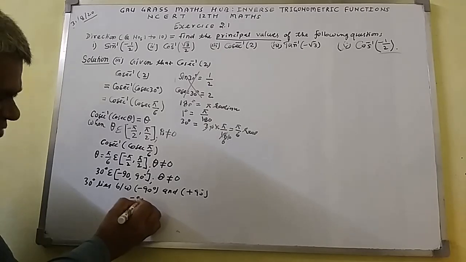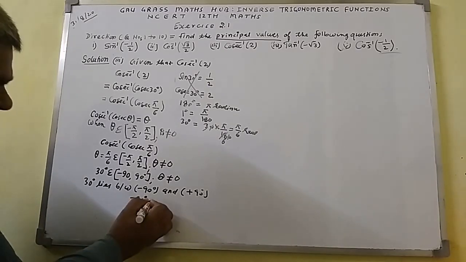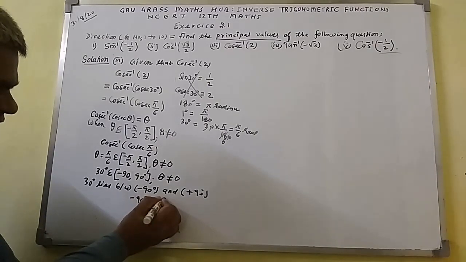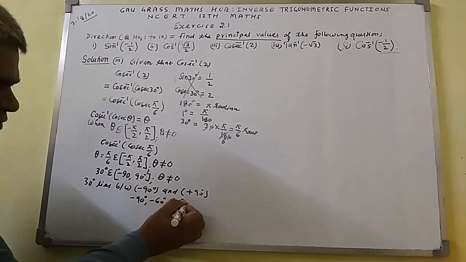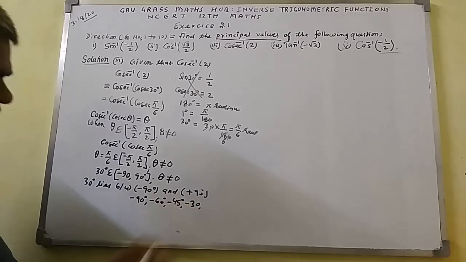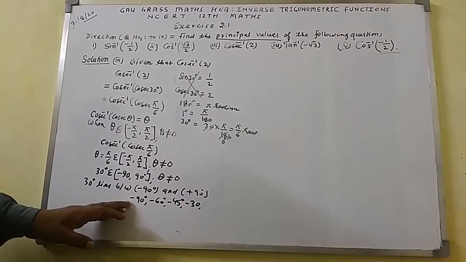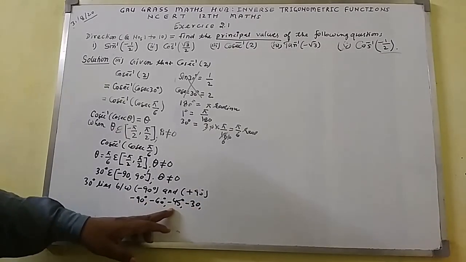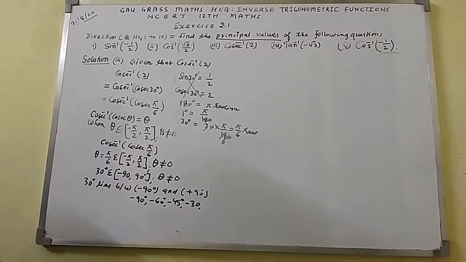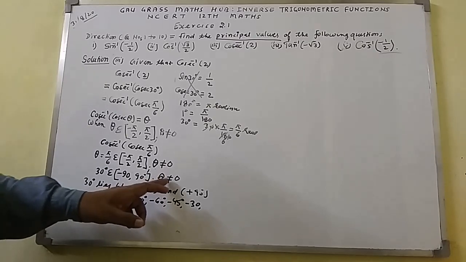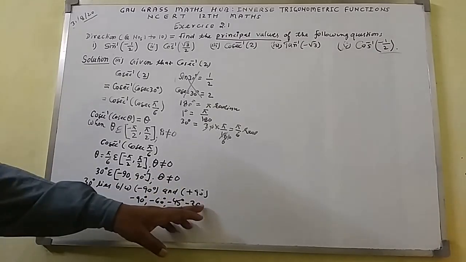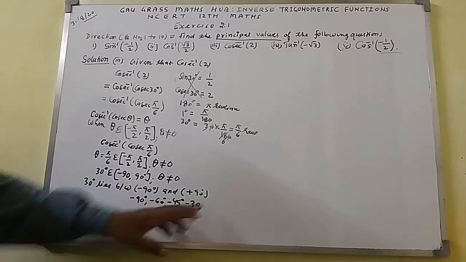So here you can write minus 90 degree, minus 60 degree, minus 45 degree, minus 30 degree, and theta is not equal to 0. So here I can't write 0.